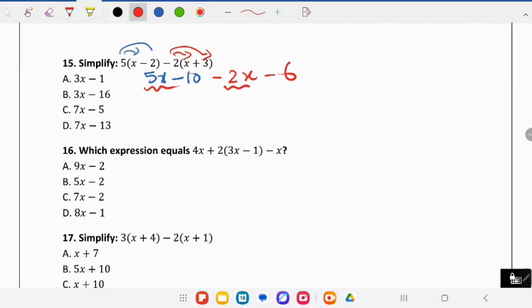I underline my like terms. 5x minus 2x, which is 3x. And 10 and 6 are like terms. Negative 10, negative 6. Negative is positive, but I write negative here. And this is 16. So 3x minus 16, this is option B.